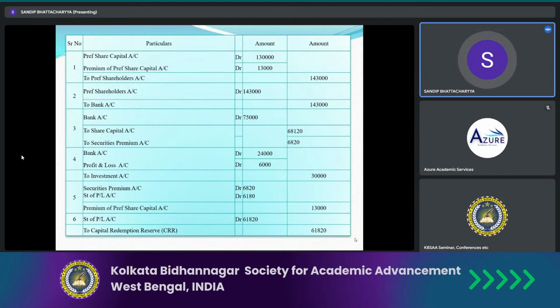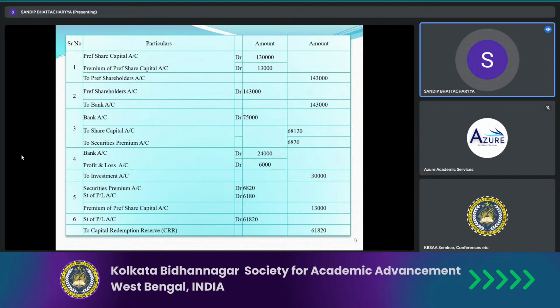So whether the company has a sufficient amount of fund, whether the company has a sufficient amount of profit, whether the company has a sufficient amount of free reserve, whether the company has sufficient liquidity, that is the accumulated reserve, whatever it may be.